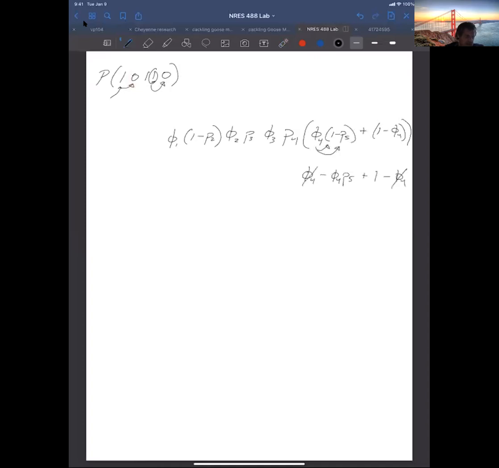These two cancel because we have a positive phi 4 and a negative phi 4. And then we have all of this stuff still.